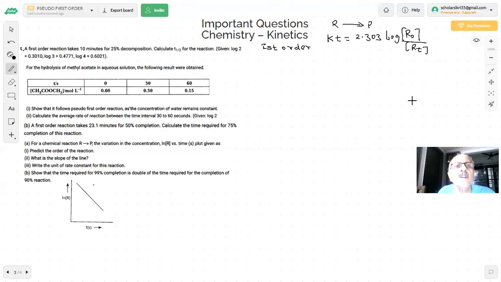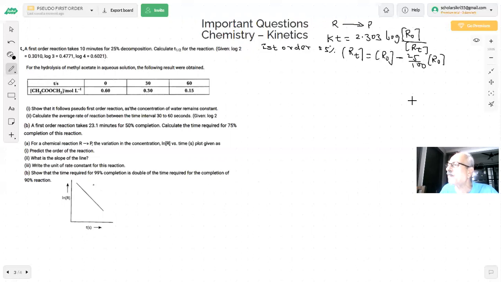Now here he says 25% decomposition. What does 25% decomposition mean? This is the catch. We have to find the value of Rt. 25% decomposition means 25% reacts. What will be left then? Rt is the amount of R left. So Rt is R0 minus 25 by 100 into R0, where the second term is the amount reacted.